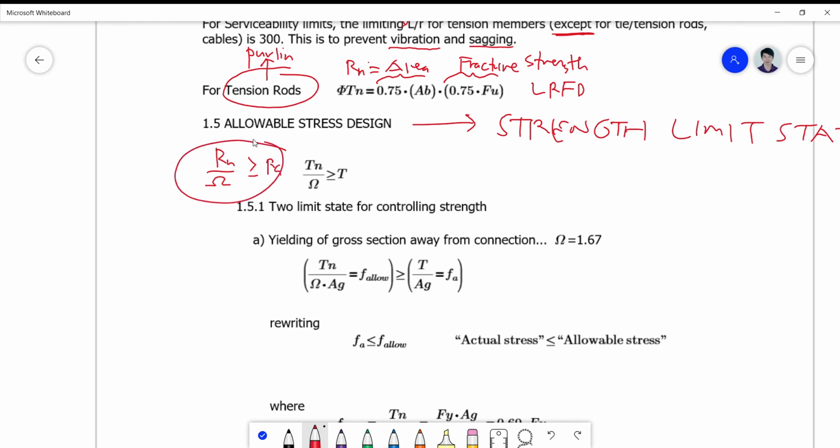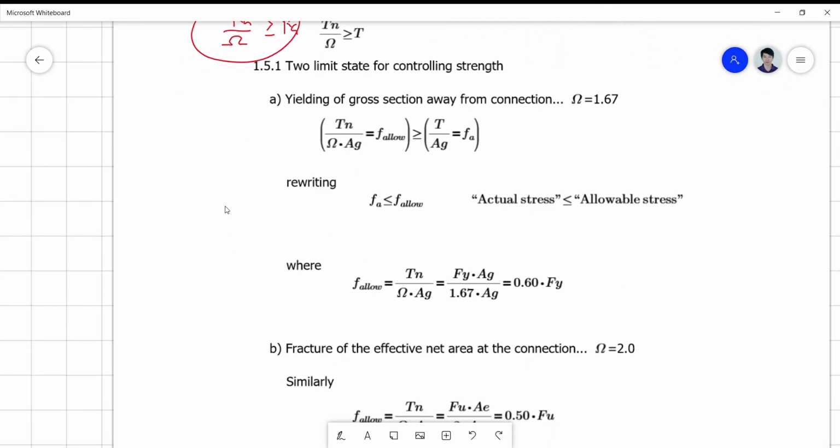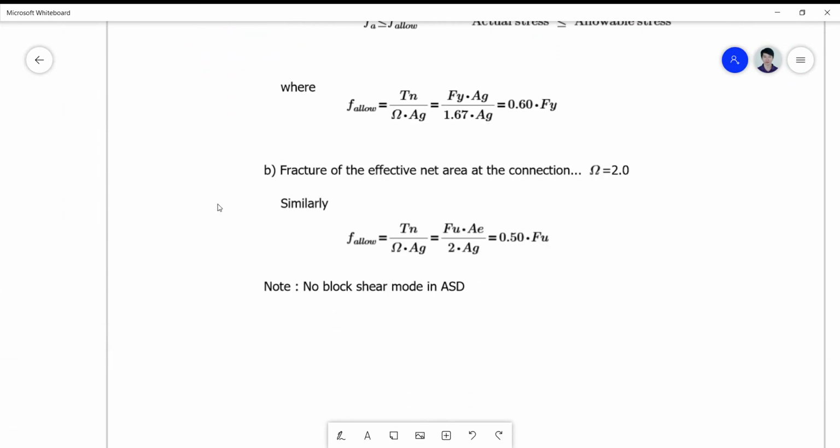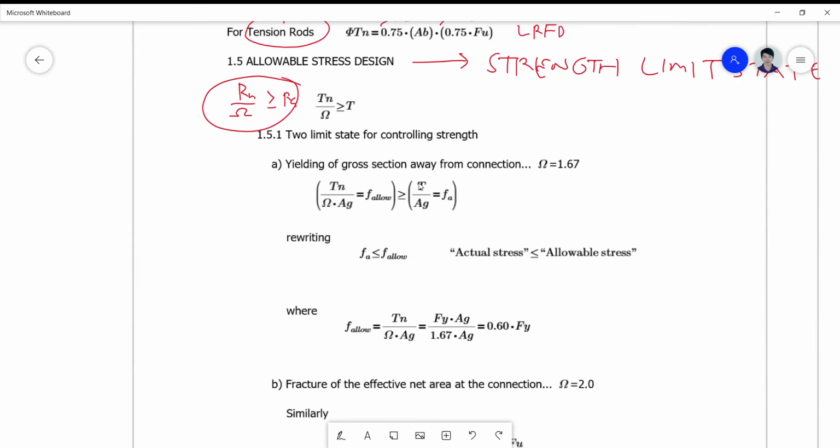This is the criteria, which is basically the same, only a change of variable was made. So two limit states of strength are used. There's no block shear failure mode here in ASD. What we do is the yielding of the cross section away from the connection and the fracture of the effective net area of the connection.